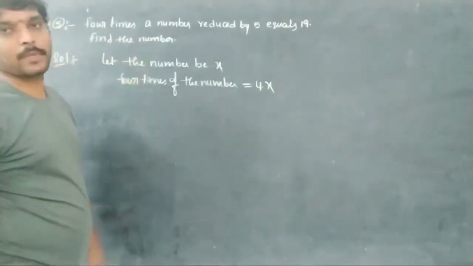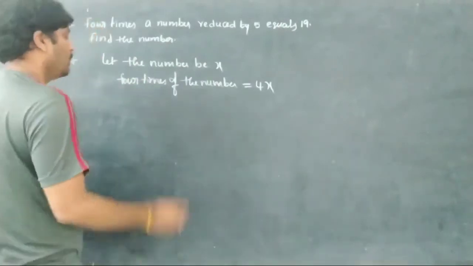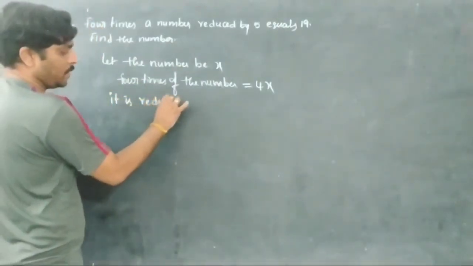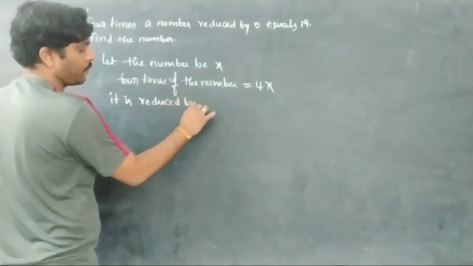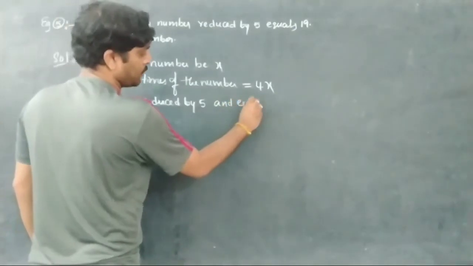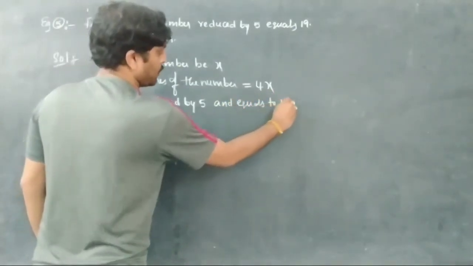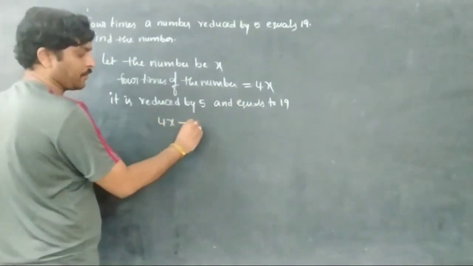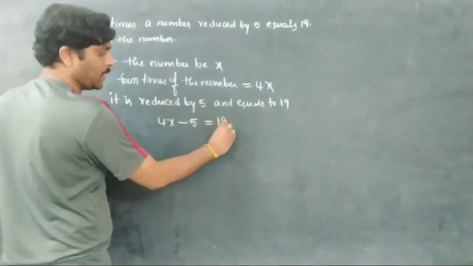It is reduced by 5 and equal to 19. So 4x reduced means minus 5 is equal to 19.